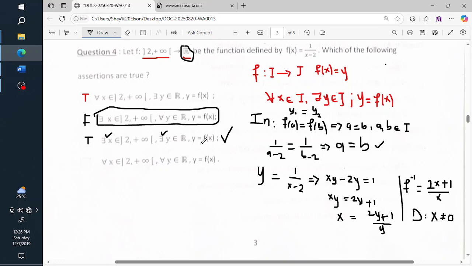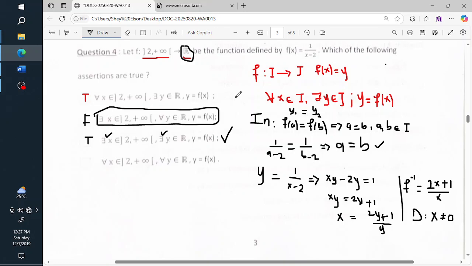Those two elements will exist in such a way that if you take an element from the domain and you replace it into the function, you're going to have another element in the codomain, because this is a one-to-one relation. We have clearly seen that it is injective.